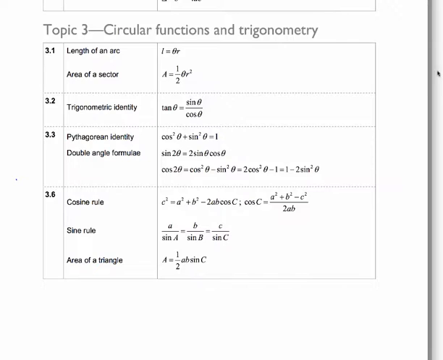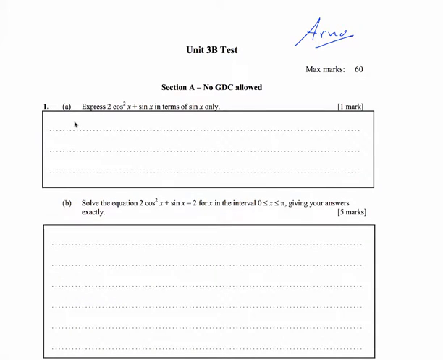Fair enough. So cosine squared x plus sine squared x equals 1. That means that cosine squared x can be replaced by 1 minus sine squared x. Be careful that I don't make mistakes here.